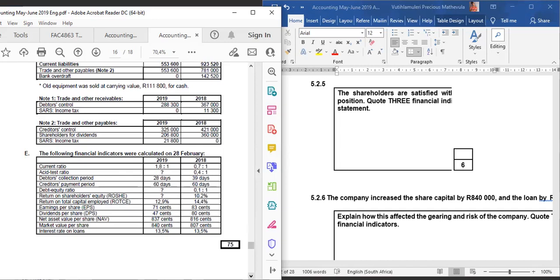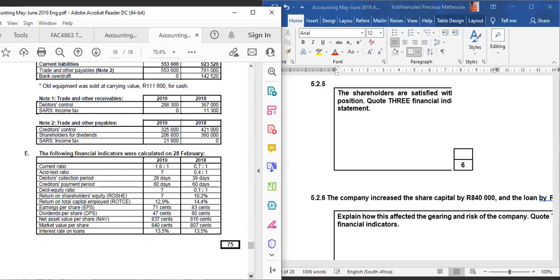We're going to look at the current ratio, the acid test ratio that was calculated up there, and then we're also going to look at the debtors collection period. That also has to do with liquidity.